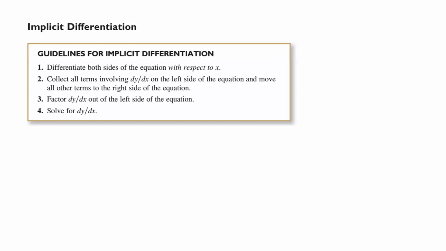Now that we've learned most of our differentiation rules, our derivative rules, as well as the product, quotient, and chain rule, we're going to be applying it to a different circumstance. So we have something called implicit differentiation, and this is going to allow us to compare rates in word problems.